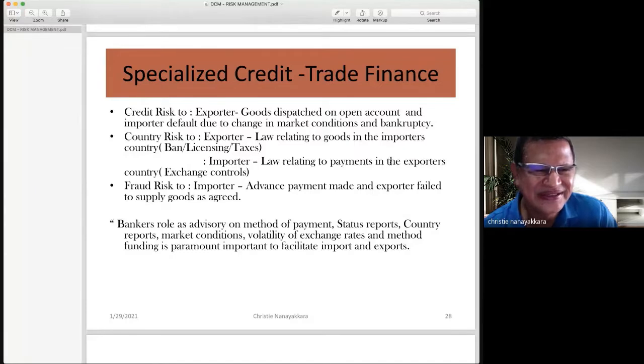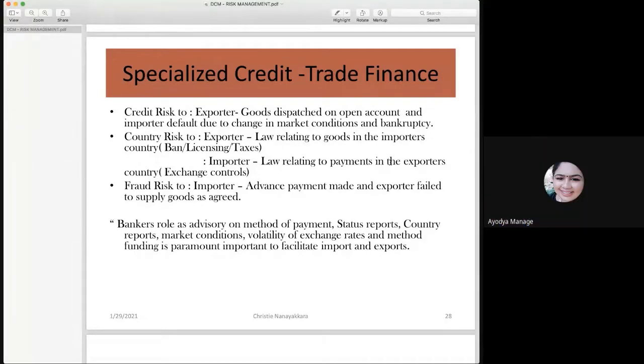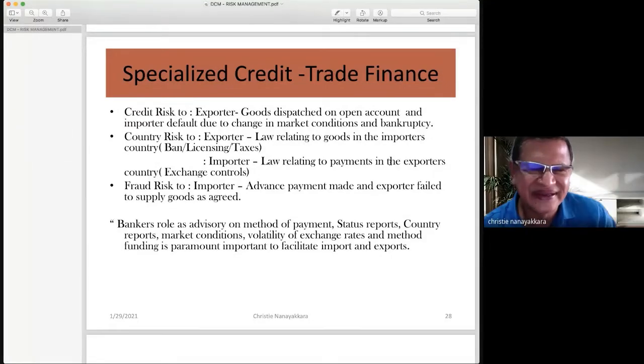So you go through the same credit process, though an import LC doesn't involve transfer of money, but the bank is giving a 100% guarantee that once the documents are presented on time, the bank will pay. The bank is liable to pay once the documents are presented under a sight letter of credit, and if it is usance, to pay on a future date.